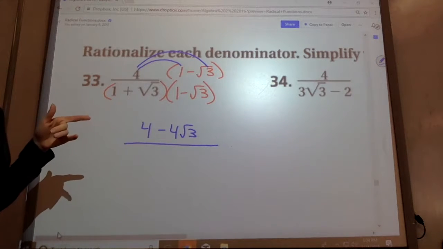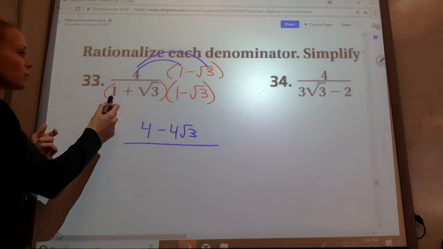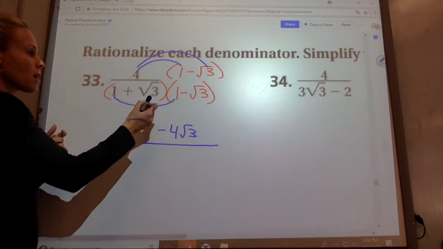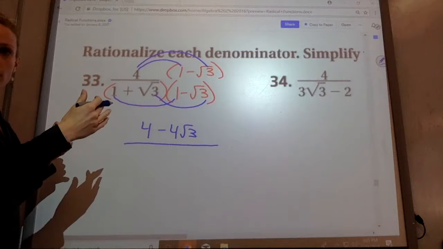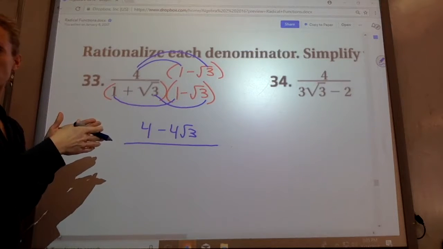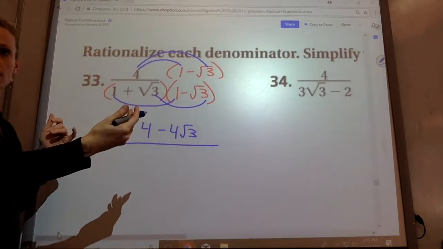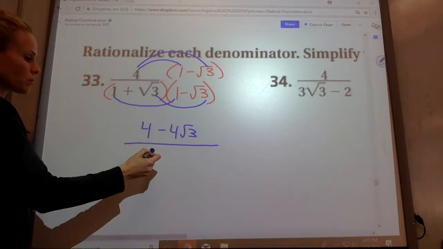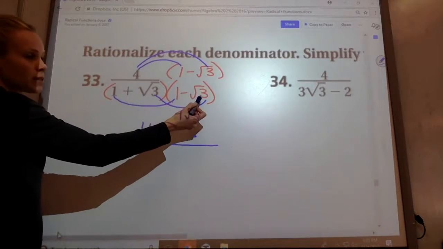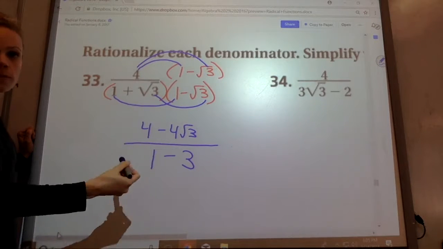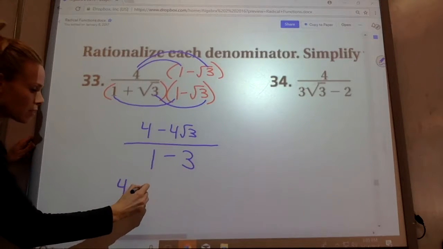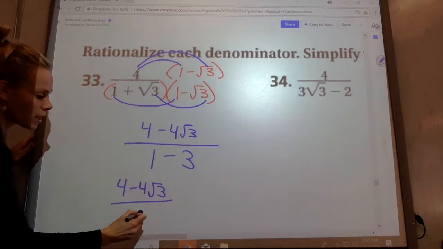So when I'm multiplying conjugate pairs, all I have to do is multiply first and multiply last. Because I know FOIL, outer inner cancel out. So I just do first and last. So 1 times 1 is 1. Square root of 3 times negative square root of 3 is minus 3. Simplify that. 4 minus 4 root 3 over negative 2.